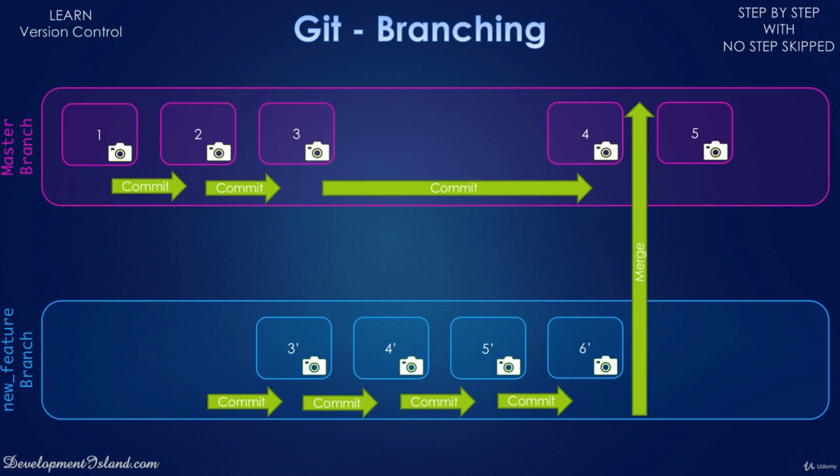And the consequence is going to be a brand new snapshot, which includes both your code from the master branch and your code from the new feature branch. And now you can continue your work making changes and commits as normal. And you can also delete this new branch if you don't need it anymore.